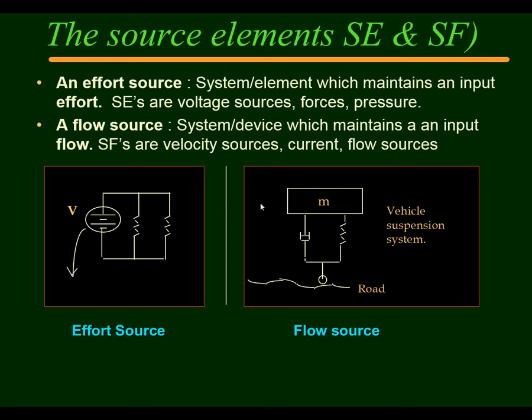Let's say when you're going, the suspension of a vehicle following the terrain, this is a velocity source, not a force source. The reason is that the wheel is forced to follow the ground, and therefore you have an input source, a velocity source.